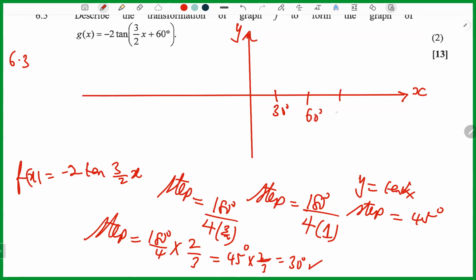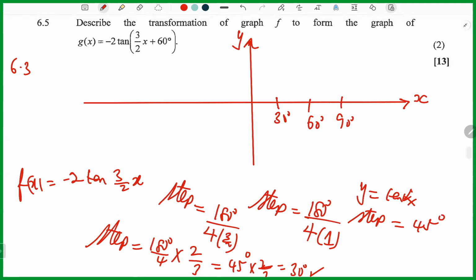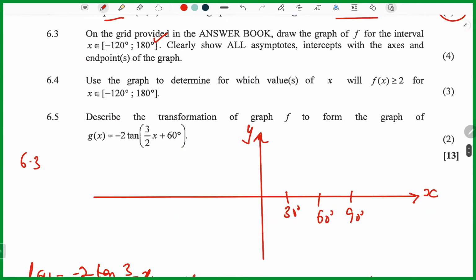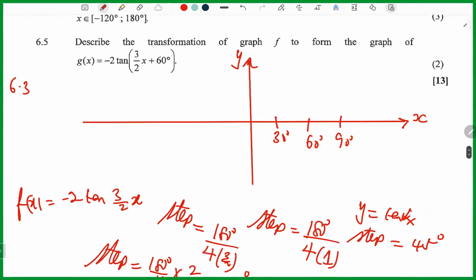30 plus 30 is 60, 90. Okay, so it must be up to 180 degrees there. So this one is 30, 120, 150, 180.